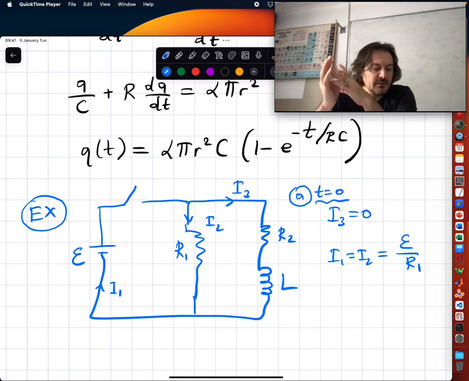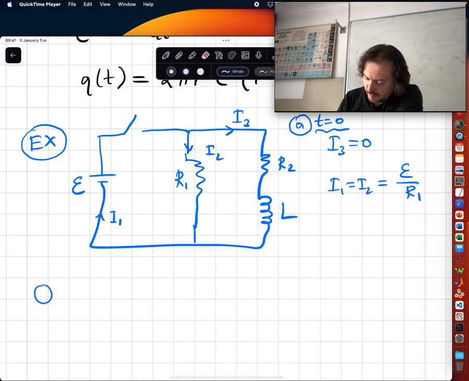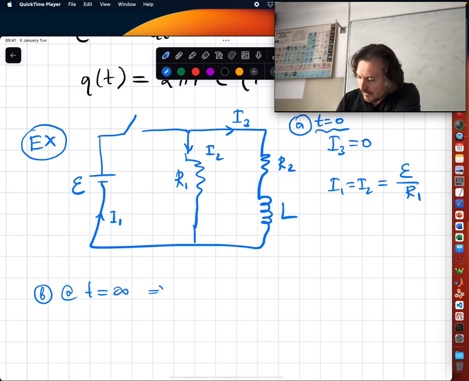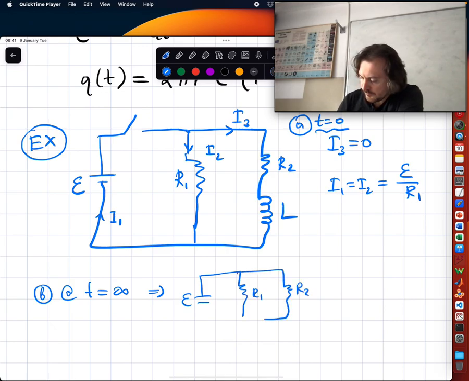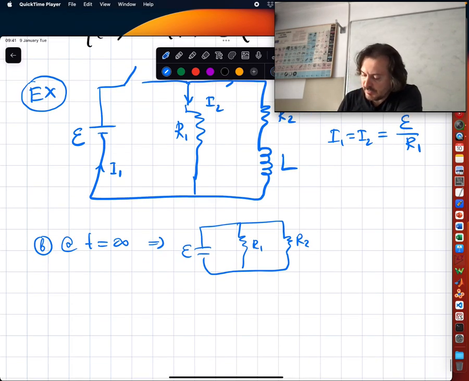And at the beginning, it's the reverse. So at t equals infinity, you will have just this E connected to R1 and R2. So you can find the equivalent resistance and find I1.